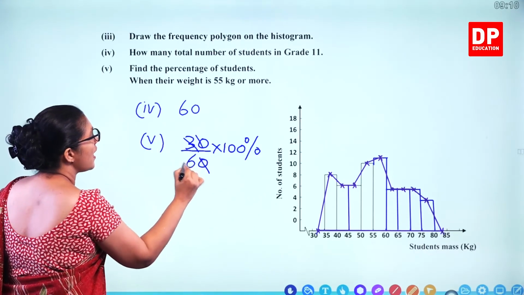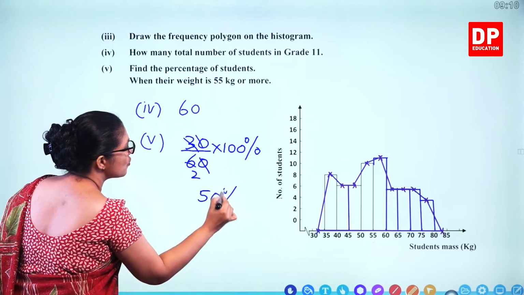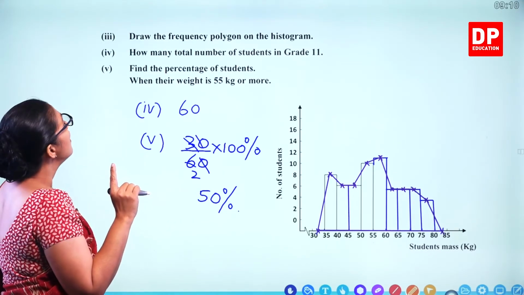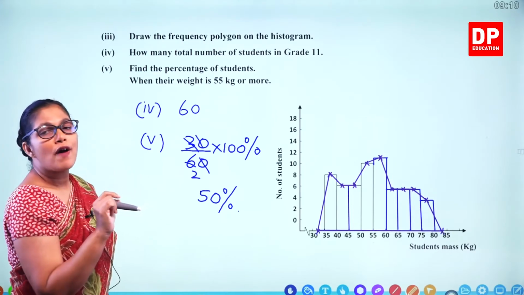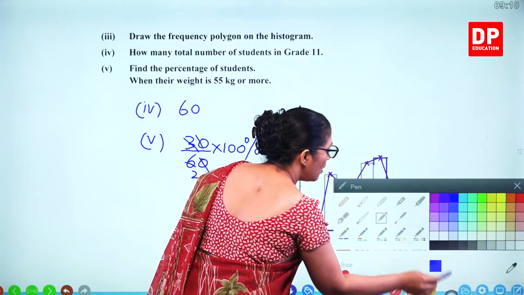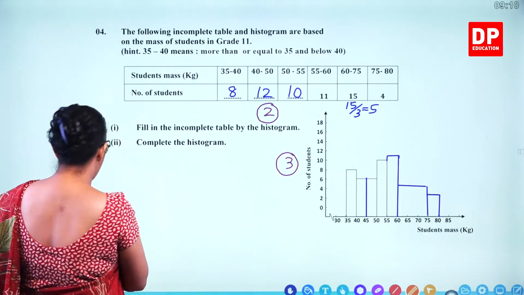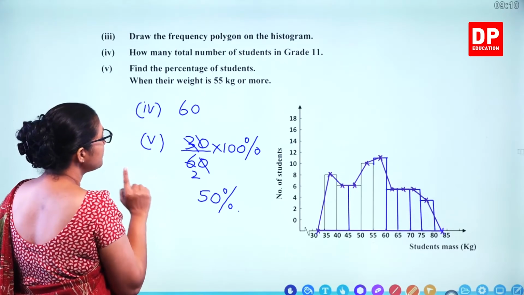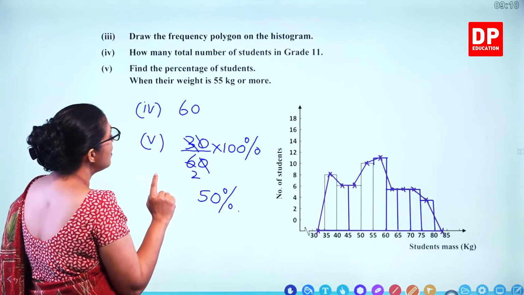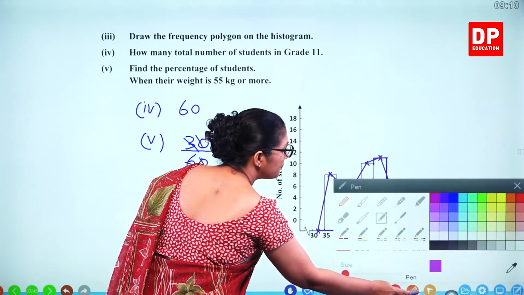So you get 100 divided by 2, 50% of students weigh 55 kilos or more. Now we gave how many marks? 3 and 2. 5 marks. And we'll give 1 mark for this one.